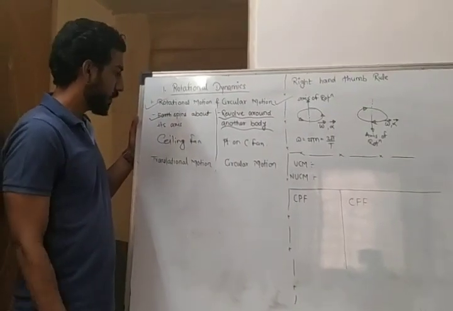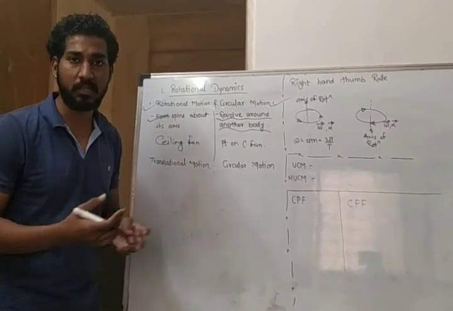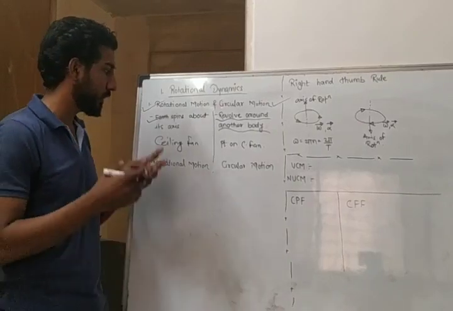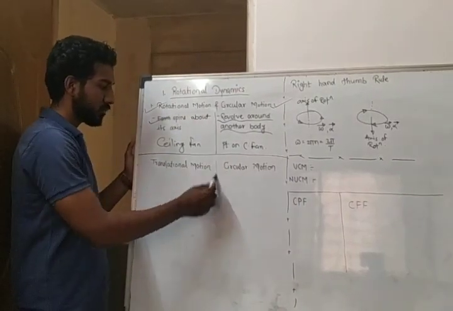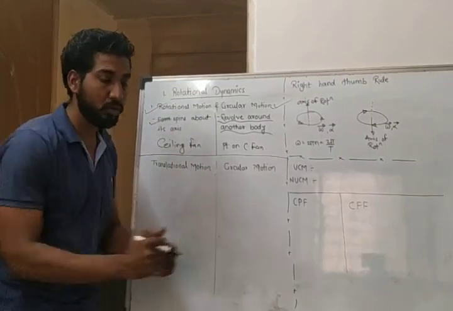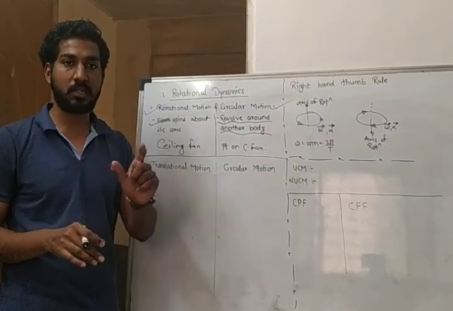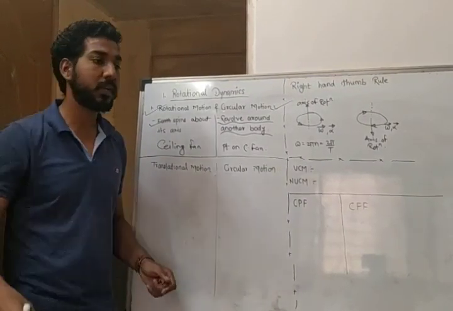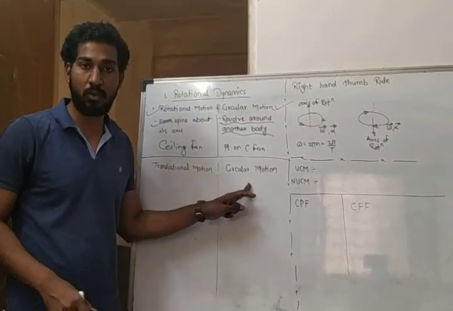And after that there are again some relations between translation motion and circular motion. Suppose I am walking on this road, let's say. This can be the translation motion, and if I am taking a round here, a circular round, it will be the circular motion.